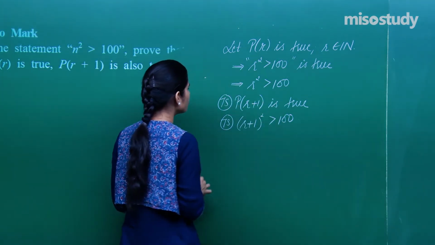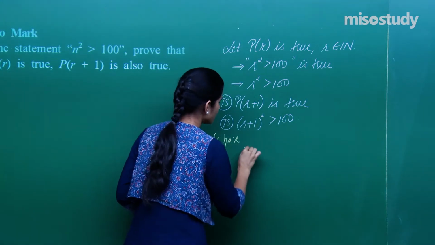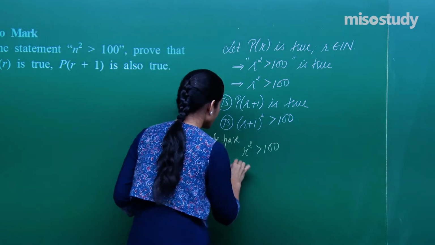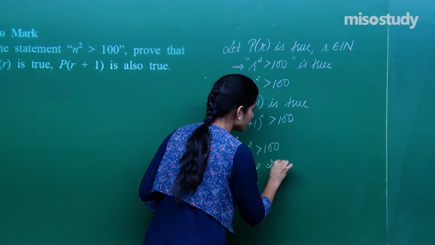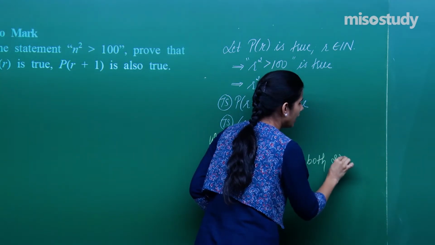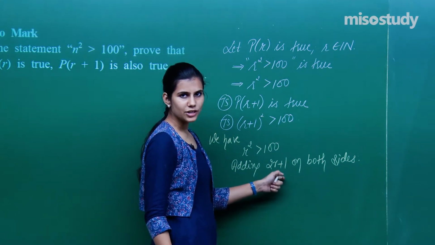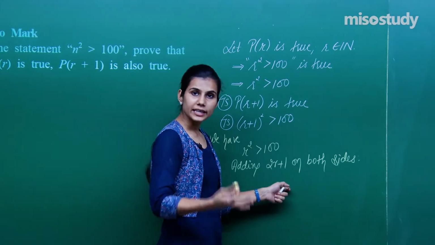Now Pr is given to be true. We have R square is greater than 100. This is already true. Now I am saying adding 2r plus 1 on both sides. R is a natural number, please remember. So 2r plus 1, 2 into a natural number plus 1, is a quantity greater than 1. This is a natural number greater than 1.